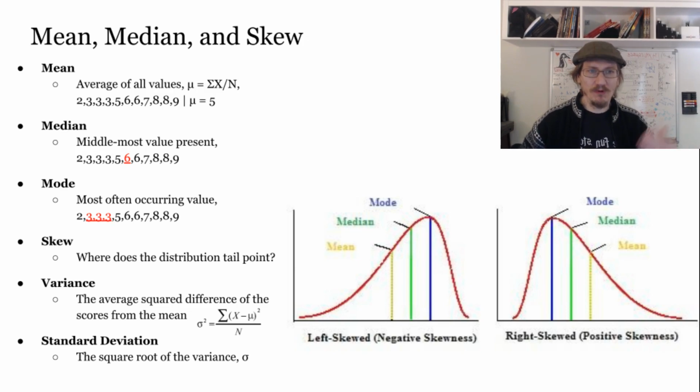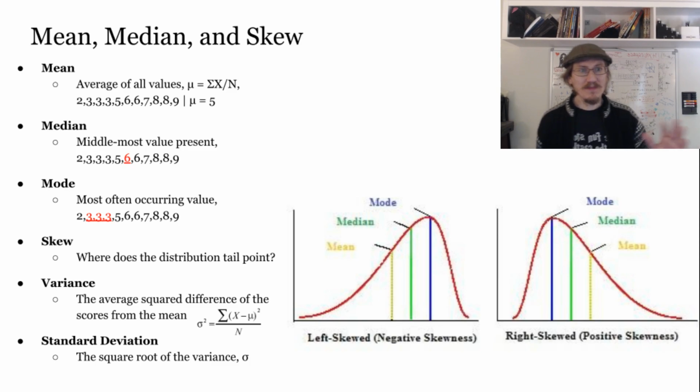And so what we're trying to understand with skewedness is that intuitive understanding of how things are organized. So let's talk quickly about these statistical measures and how they interact with skew.